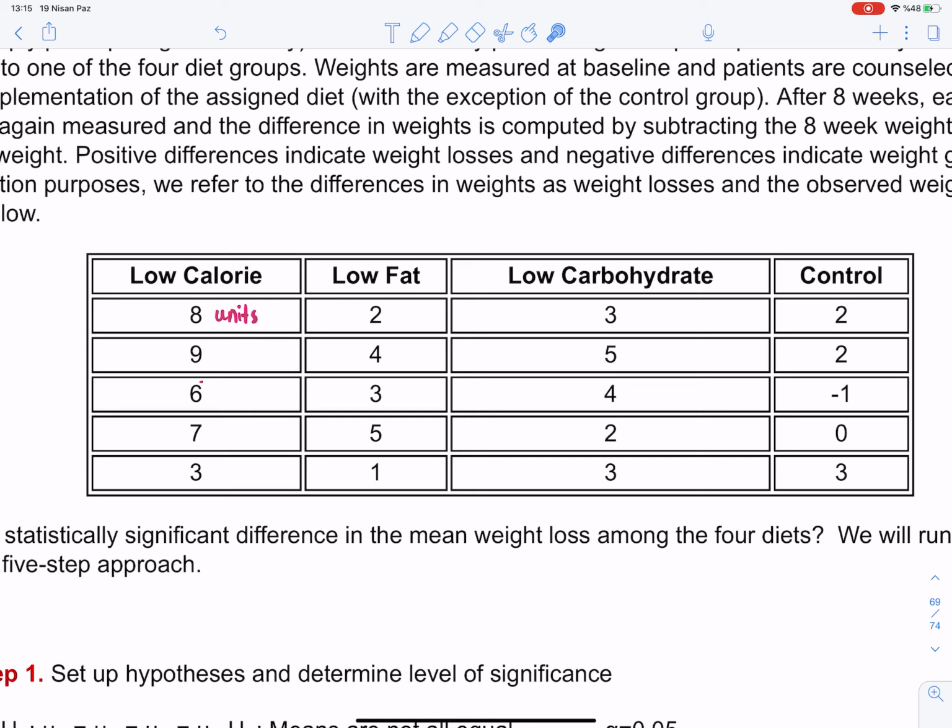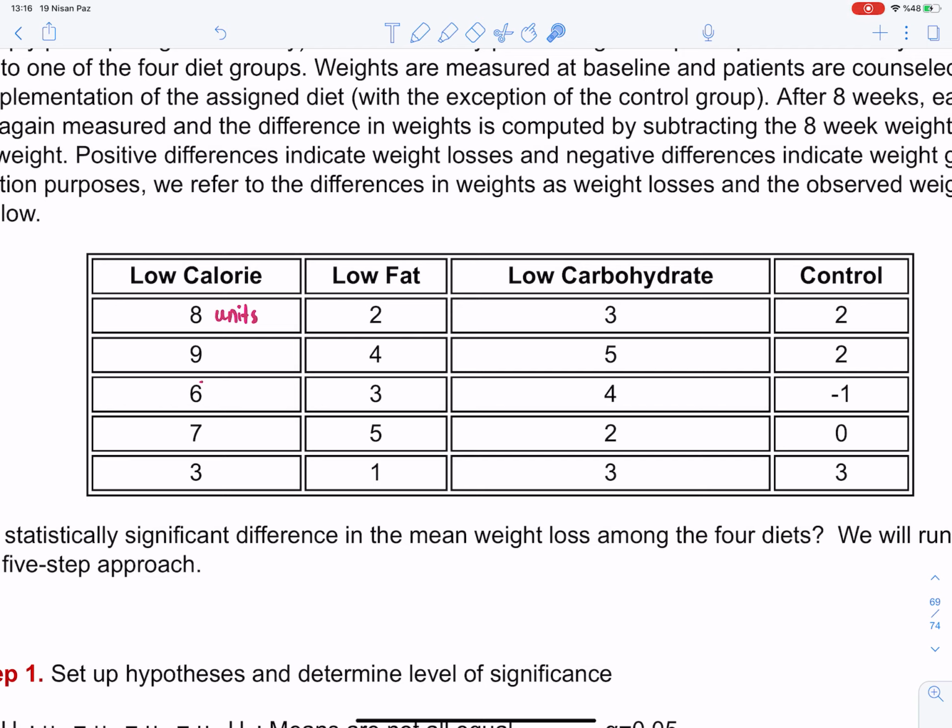And the control group, people who are not taking any diet program or are assigned a fake diet program: probably the first person has lost 2 units of weight by chance, and the second one 2 units after 8 weeks, and the third one, look at that, is negative.